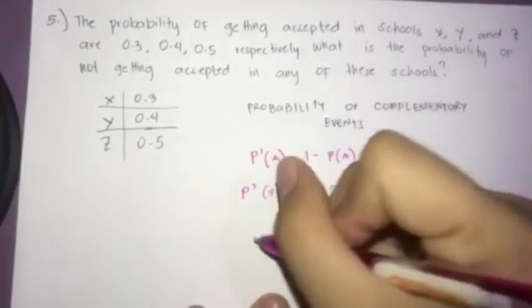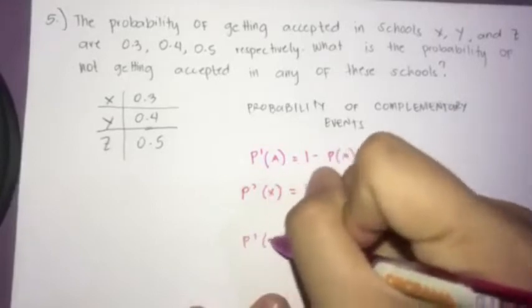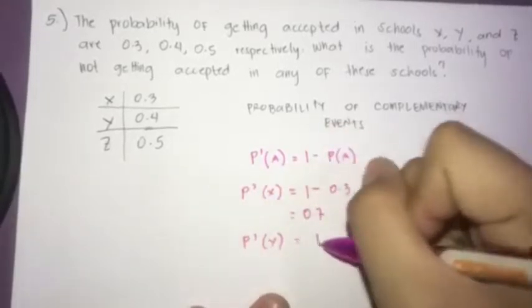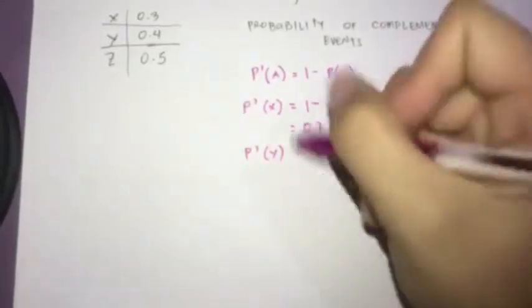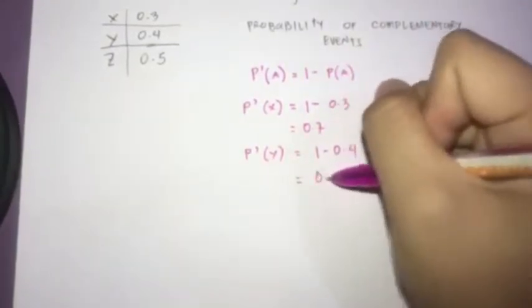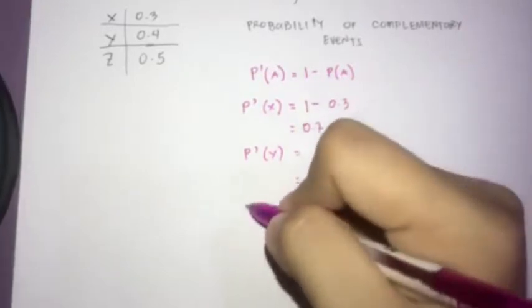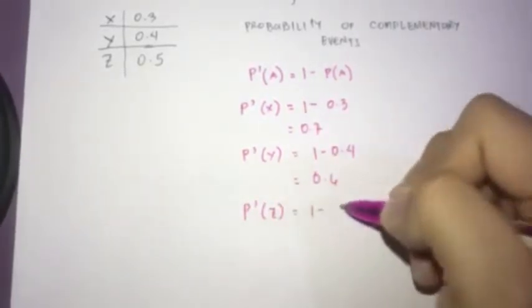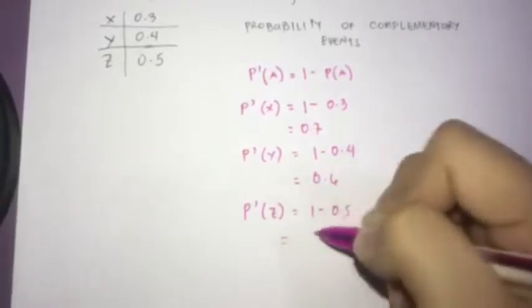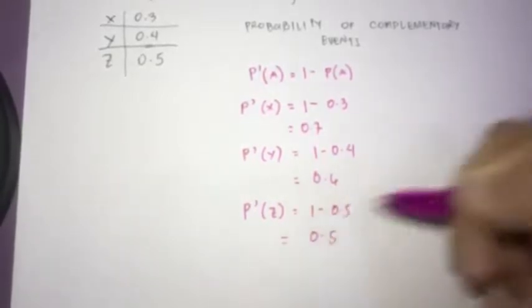For Y, 1 minus 0.4 is equal to 0.6, and for Z, 1 minus 0.5 is equal to 0.5.